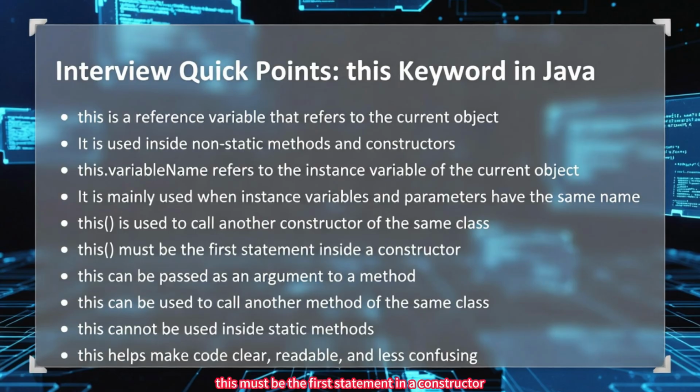This must be the first statement in a constructor. This can be passed as a method argument. This can call another method of the same class. This cannot be used inside static methods. It makes code clean, readable, and less confusing.